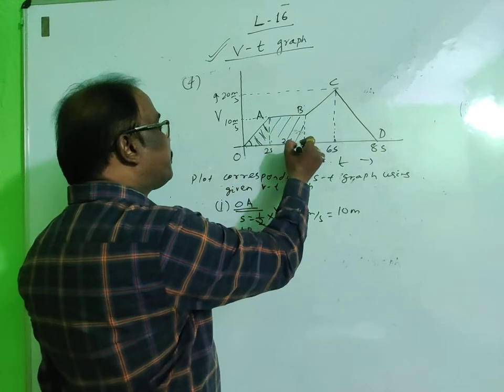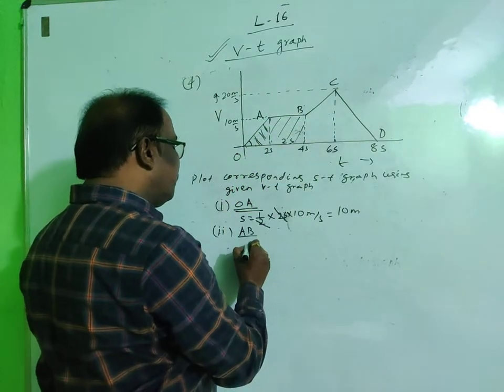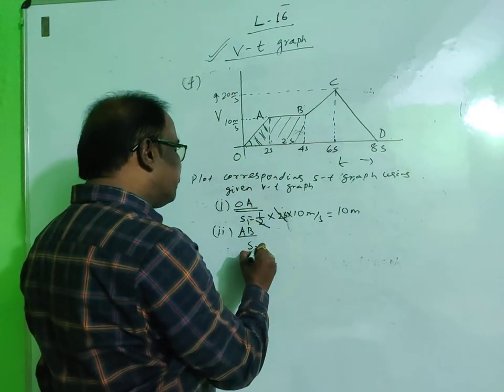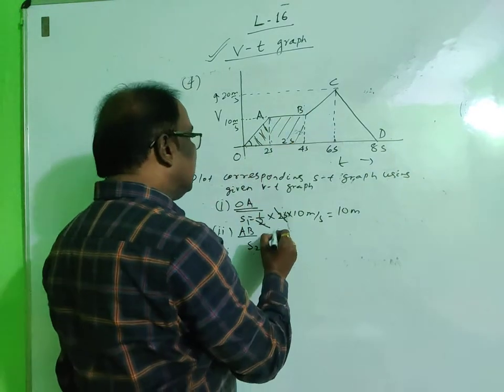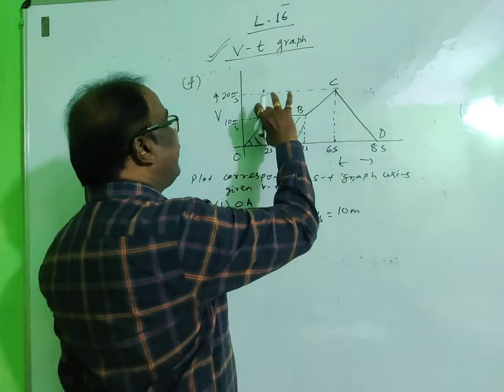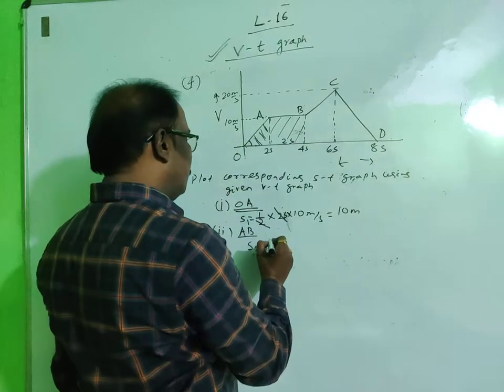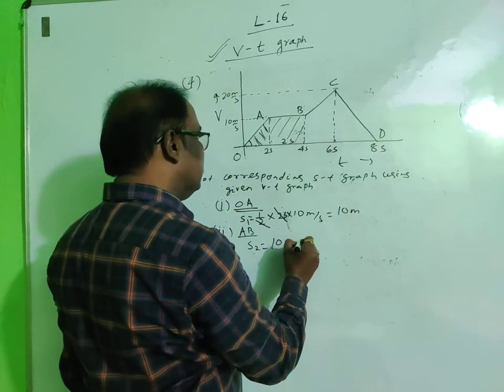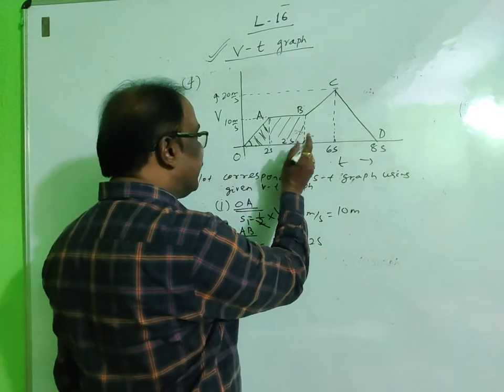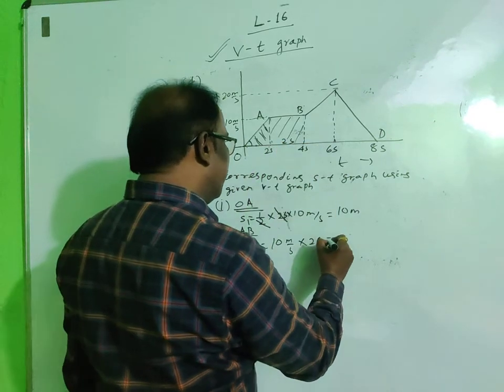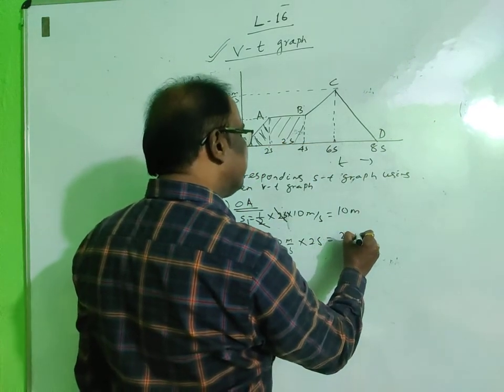Let this be S1, this S2. Area of this rectangle is length into breadth, so 10 meter per second into 2 seconds. We get 20 meters.